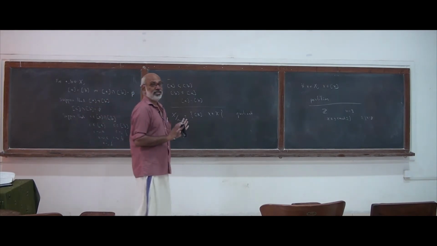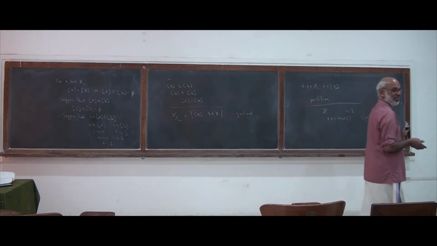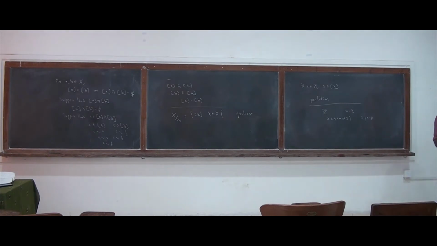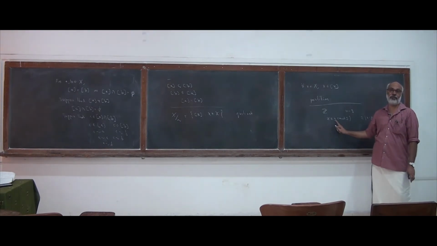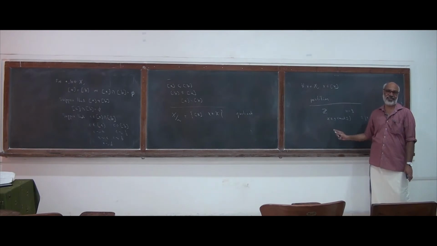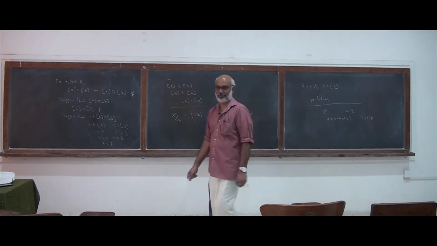So the difference is even if and only if both of them are even or both of them are odd. That means two integers are congruent modulo 2 if and only if both of them are even or both of them are odd, or they have the same parity.